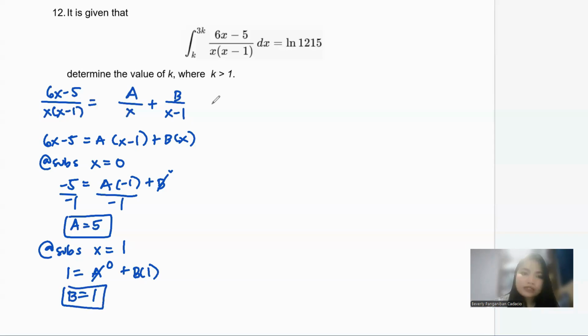Okay, meaning to say the answer here, you're going to have 5 over x plus 1 over x minus 1. Okay, you're going to integrate now, and the answer will be 5 ln x, absolute value, plus ln x minus 1.